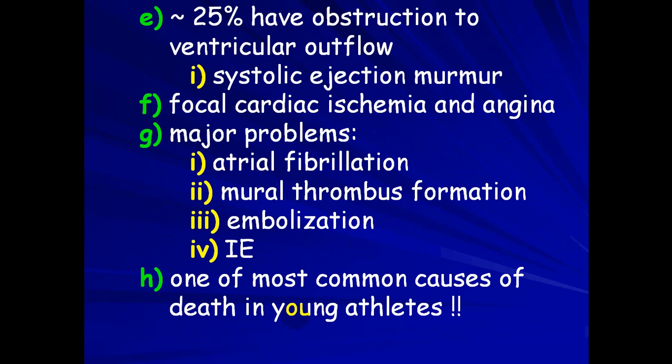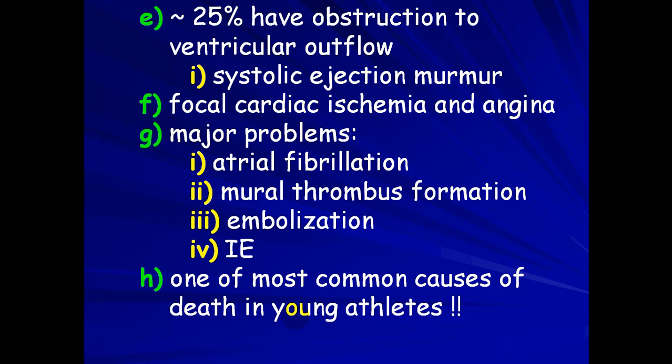In 25% there is obstruction to the ventricular outflow with a systolic ejection murmur. Focal cardiac ischemia and angina occur, and the major problems are arrhythmia, mainly atrial fibrillation, mural thrombus formation, embolization, and infective endocarditis in some cases, although it's not common.